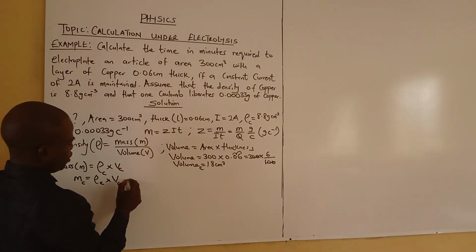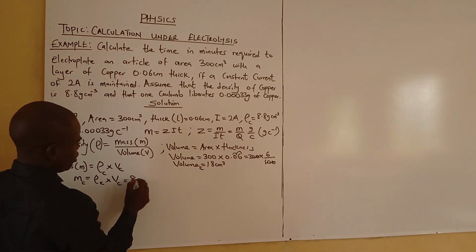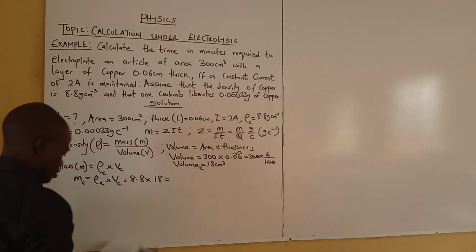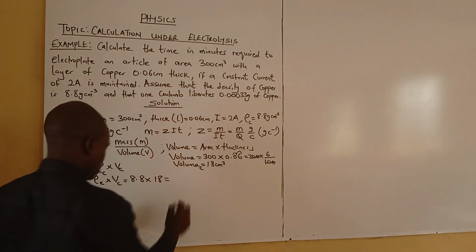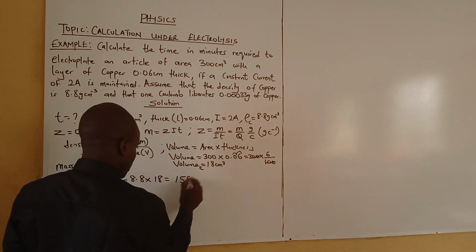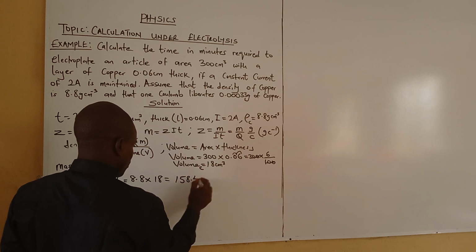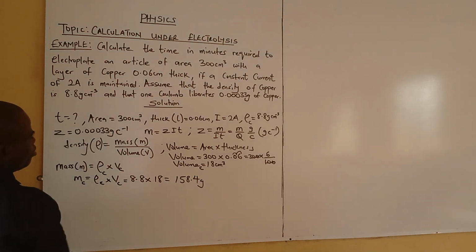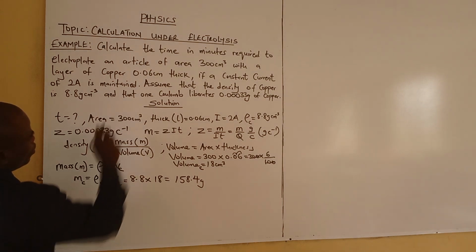Now, what's the density? 8.8 times 18. When you multiply that, you have 158.4 gram. I've got the mass of the copper.